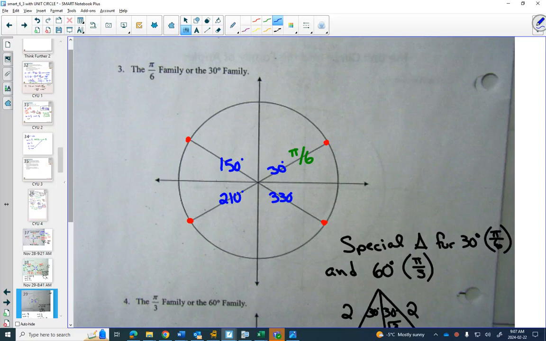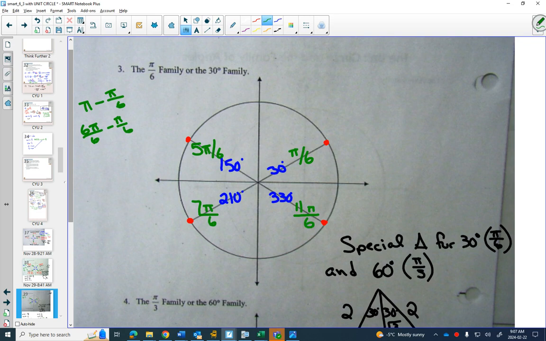Was that enough to finish ahead of me? Did you get 5 pi over 6? Again, you would think about pi minus pi over 6 and get a common denominator to get 5 pi over 6. Then 7 pi over 6 and 11 pi over 6.